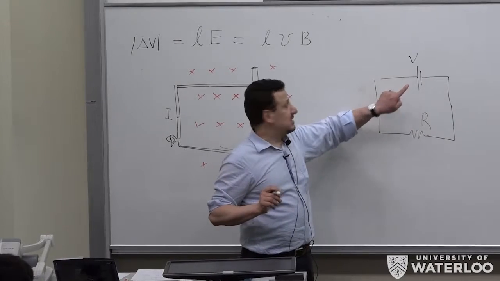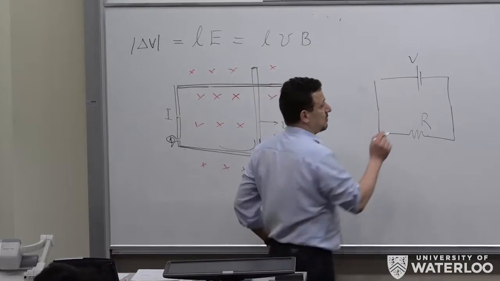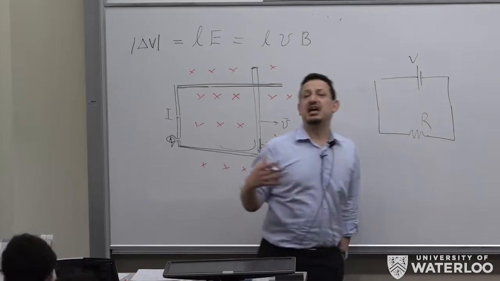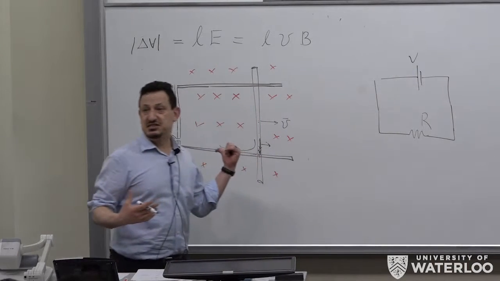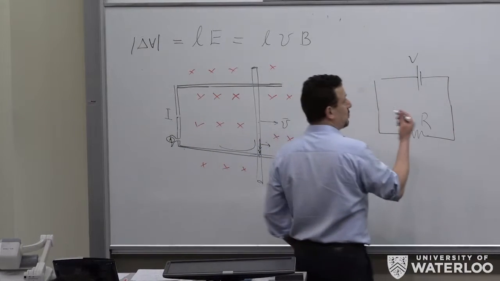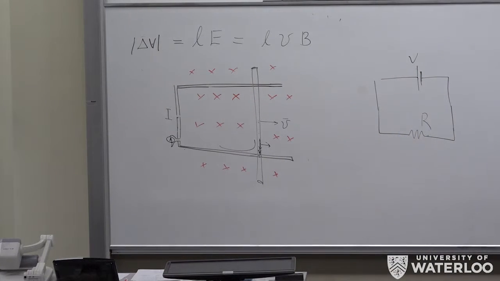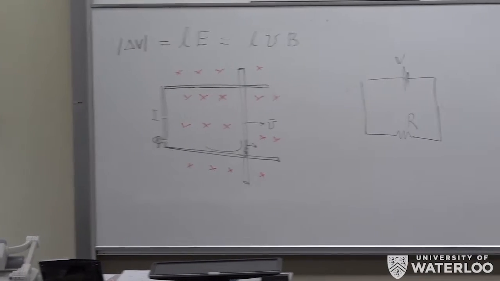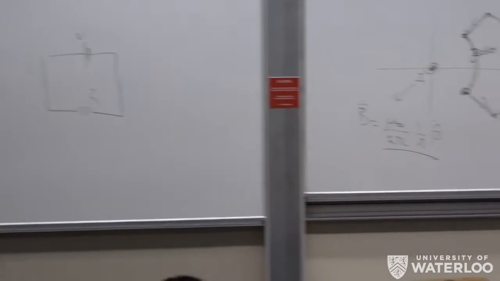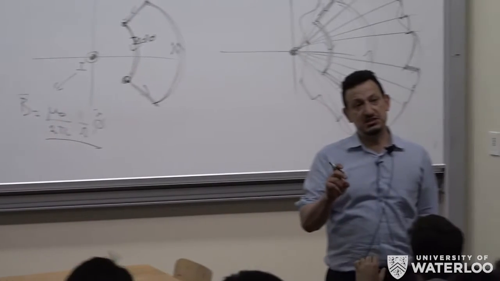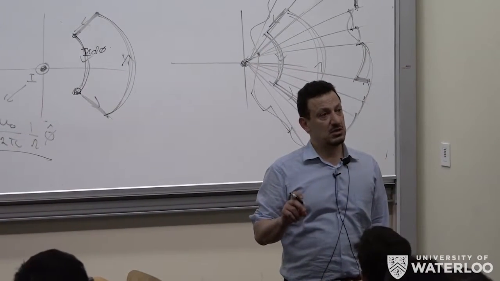Now, this is the schematic, the equivalence of this. So the question is, where do I put this voltage source? The moving rod is creating that voltage, so he said, I put it on the moving rod.